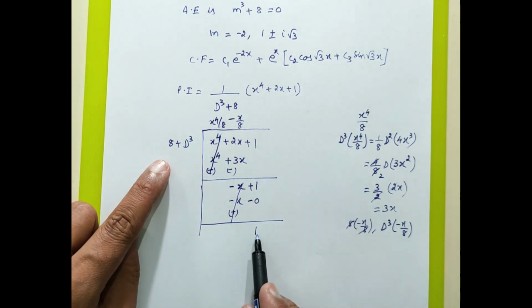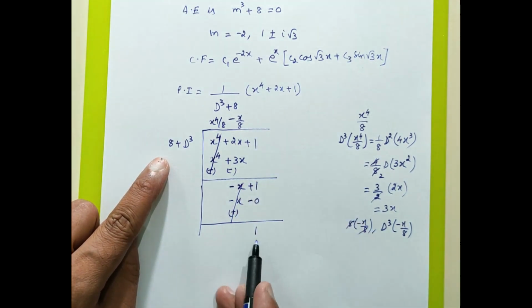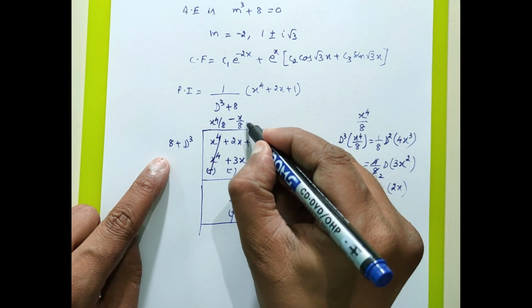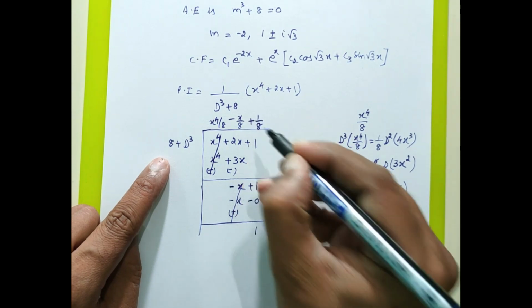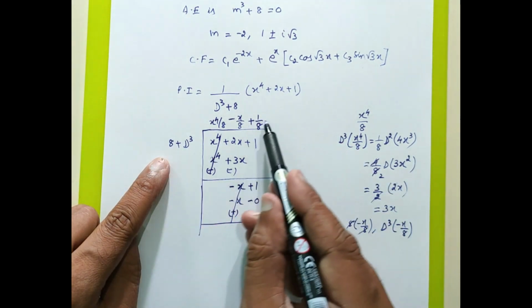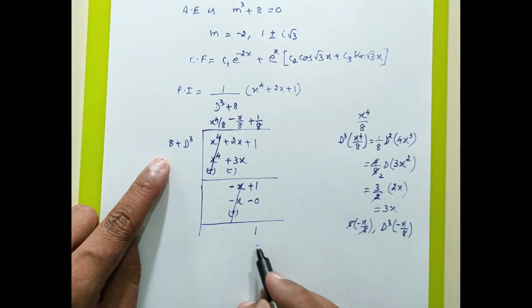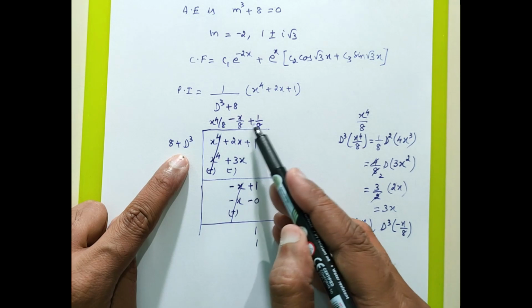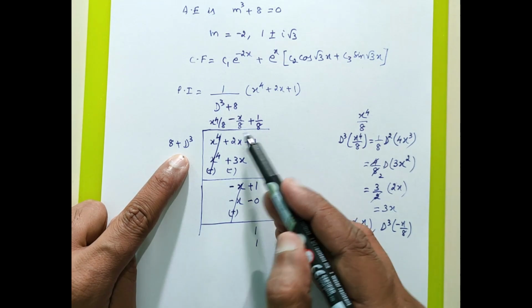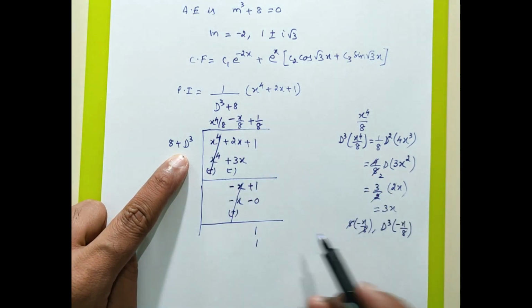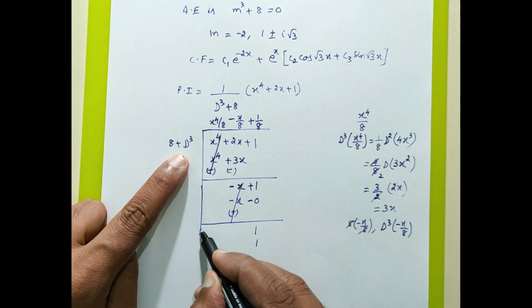So once again, to find the quotient, it should be 1 divided by 8. So plus 1/8. So 8 multiplied by 1/8, the 8 and 8 will get cancelled. You will just be getting 1. Whereas if you multiply this D^3 with a constant value, the differentiation of a constant will be 0. So you can just ignore that one.